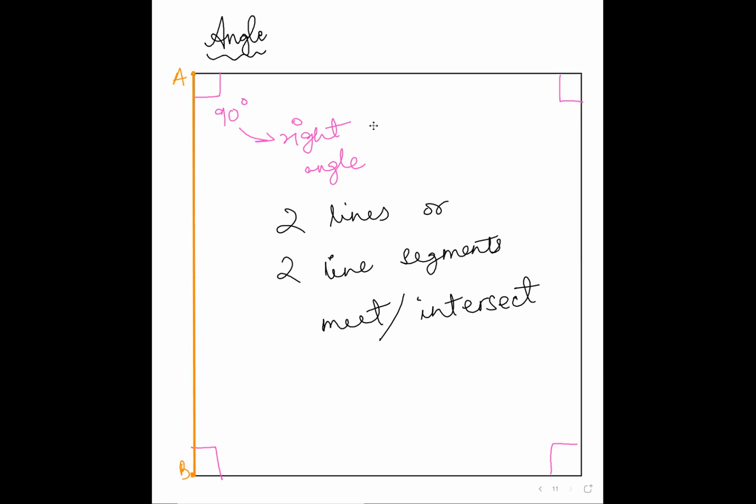Now look at the line segment BC. Can you see the yellow line segment BC? Wait, I haven't named C. How would you know? Just a minute. So this is C. Can you see C over here? Yes. Okay.